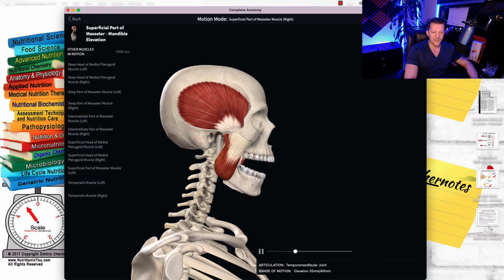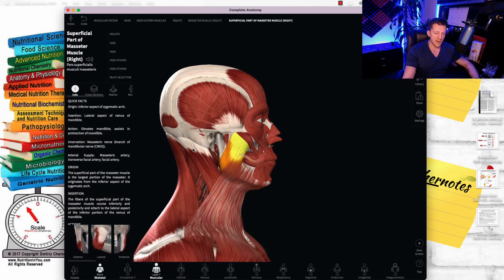They work collectively, as we already discussed, muscles work in groups: agonist, antagonist, and another group of muscles are synergists.